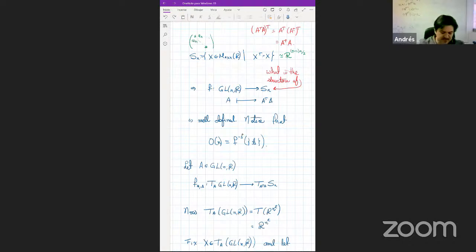So let's compute the differential of this and then show that it is surjective, so we can compute the dimension.